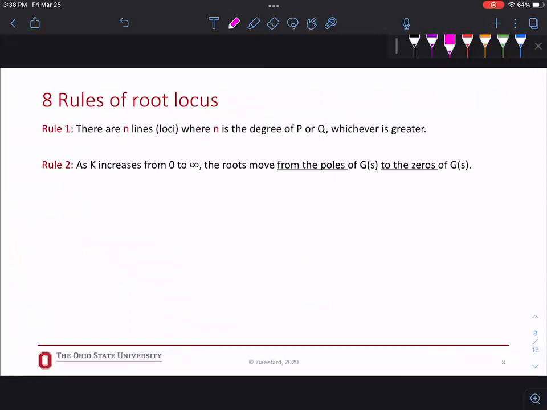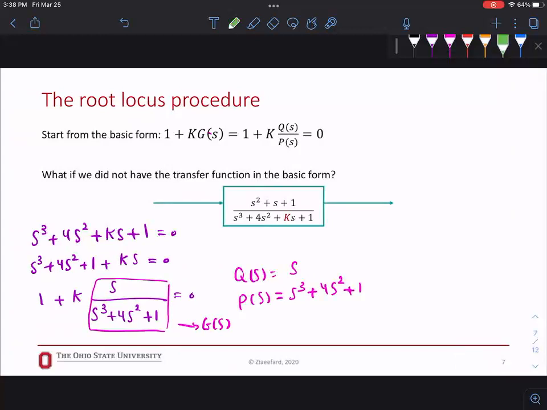So there are 8 rules. Your book says 7. I separated it and made it 8, so it's just a lot easier to separate things. Rule number 1 is that there are going to be n lines or loci, where n is the degree of P or Q, whichever is greater. So in our previous example, the highest power here is 1, the highest here is 3, right?